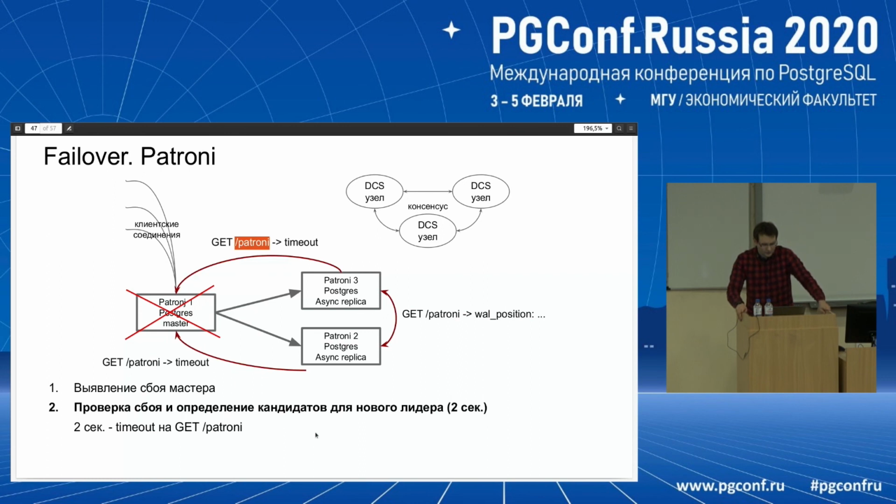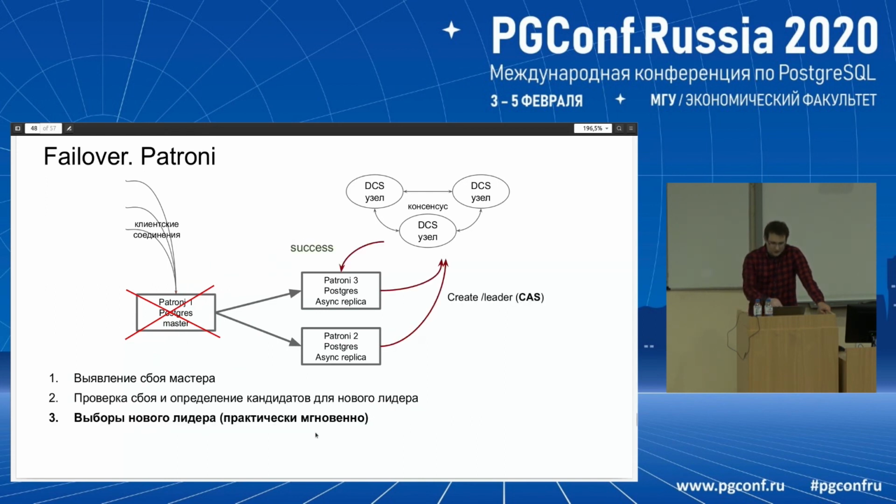If a node does not respond within 2 seconds, it means it's not available for the moment. And among the nodes, we choose the one with the biggest WAL position. Then they rush for the leader key through DCS. It's just a swap operation, and one of them gets this leader key.